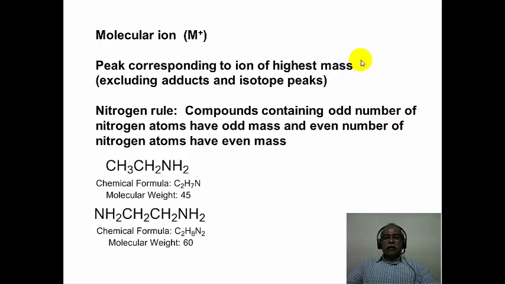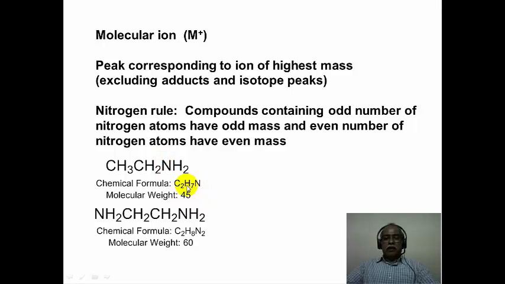Now, what are the characteristics of a molecular ion peak? Usually the peak corresponding to the highest mass to charge ratio, m/z ratio, as long as it is not forming any adducts and isotope peaks are not present, that is the ion produced with the highest mass, and it would correspond to the molecular ion. There is something called the nitrogen rule. It is fairly simple to understand. Whenever an organic molecule contains an odd number of nitrogens, the molecular weight also will be odd because nitrogen is a trivalent element.